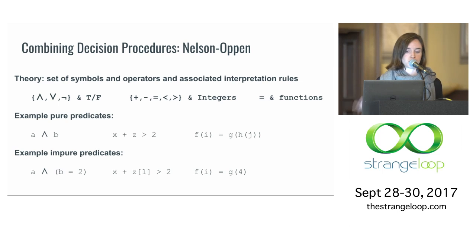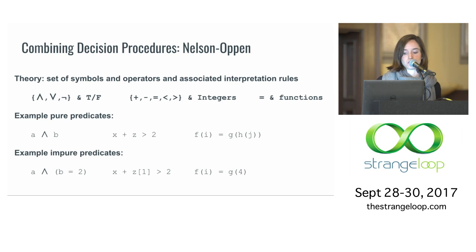A theory is a set of symbols and operators and associated interpretation rules for them, like Booleans and, or, and not, or like plus, minus, equals, greater than, less than, less than or equal to for integers, or equality and unevaluated functions. Those are all theories. Some examples of pure predicates: A and B is a pure predicate. It's just variables with and.